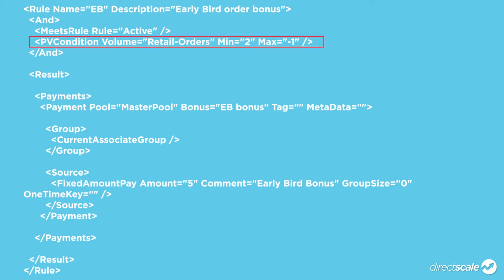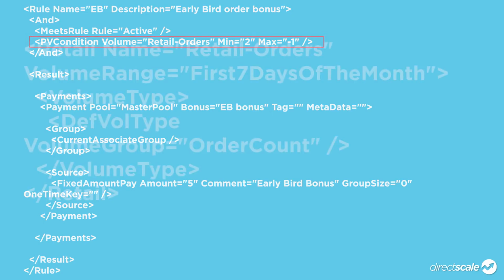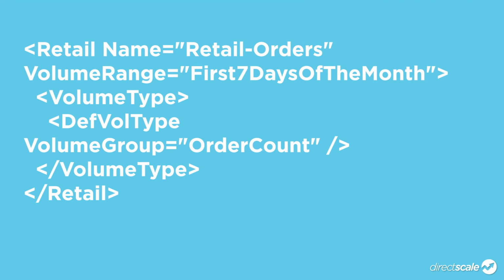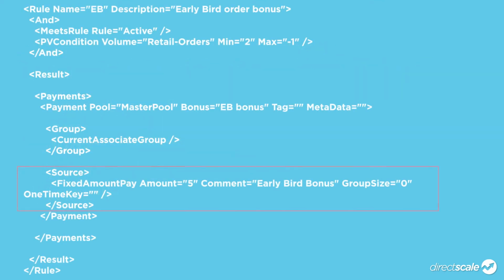Next, they must have a volume of 2 in retail orders. This references a volume that you have to define earlier in the template. A retail associate needs to place an order under a distributor in the first week of the month. Finally, if those conditions are met, the result is a $5 payment.